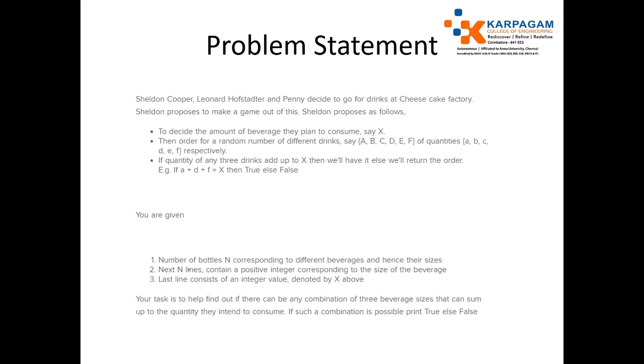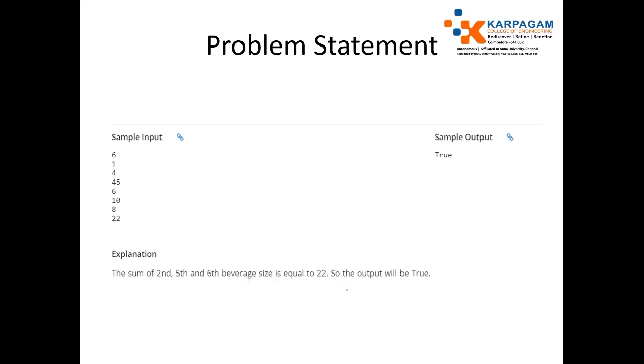So first, consider the input format. The first value is the number of bottles, that is n, corresponding to different beverages and hence their sizes. The next n lines contain a positive integer corresponding to the size of each beverage. The last line consists of an integer value denoted by x.